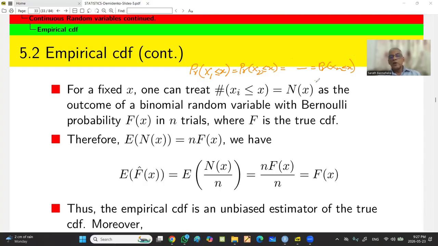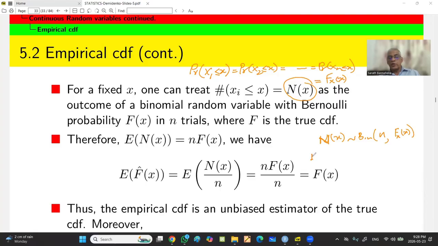These all are the same as F(x), the cumulative distribution function, which is of course unknown. So therefore, we can say Nx has a binomial distribution with number of trials equal to n, and the probability of a success theta equal to F(x). Nx is a random variable.